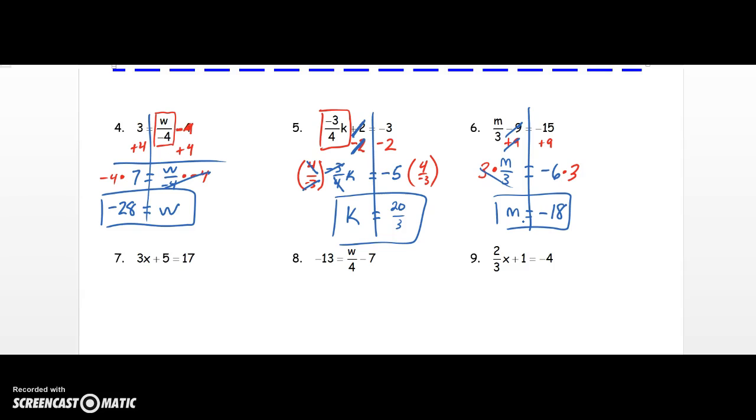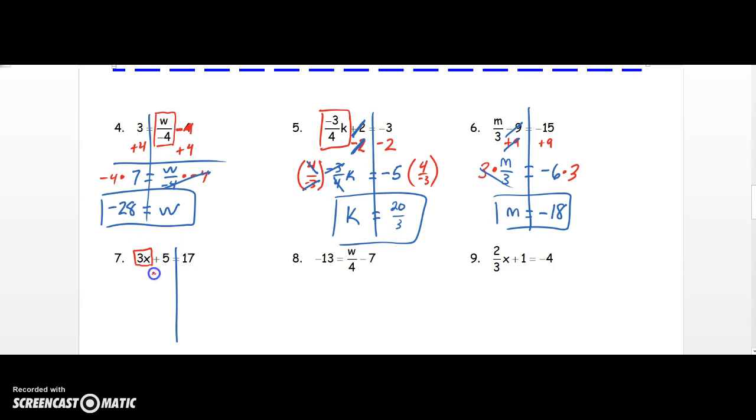Number 7. Draw a line down the middle. Okay, so we're left with 3x plus 5 equals 17. Again, we haven't seen this in a while. Leave as your last possible step always the number attached to x. So that means we have to get rid of plus 5.